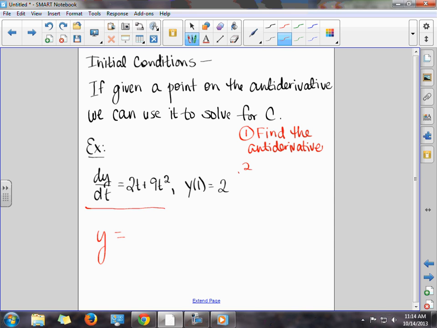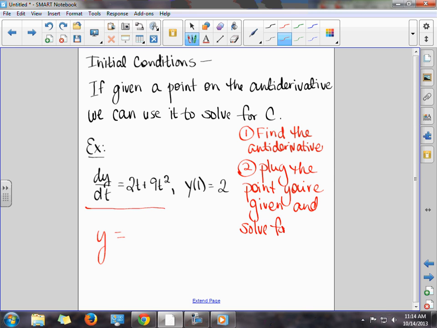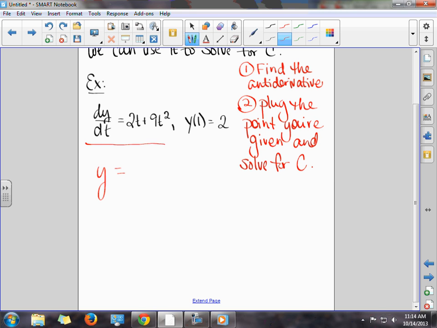Then you plug in the point you're given and solve for C. And then, of course, rewrite so that you have the actual antiderivative with C plugged in. So let's first find the antiderivative. I'm going to integrate both sides of my equation.